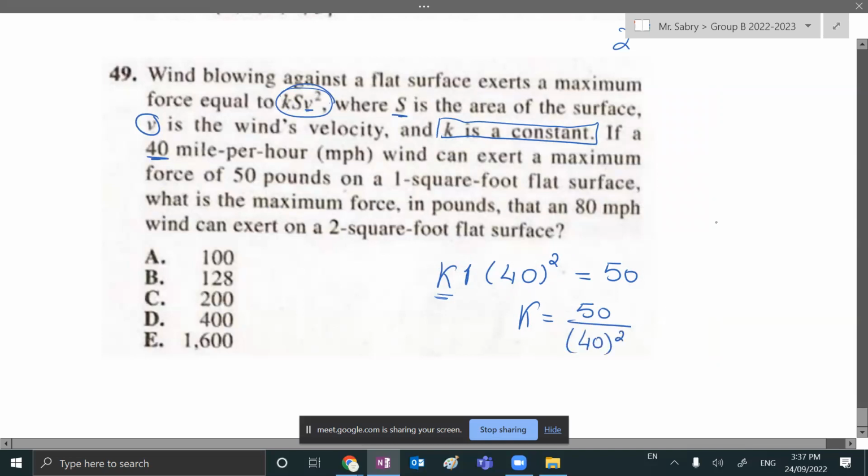That's the K. So the actual equation is now 50 divided by 40 squared. And then they said that the surface area now will become 2, and the velocity now will become 80, so that's 80 to the power of 2. Calculate this on a calculator and it should get you the answer right away.